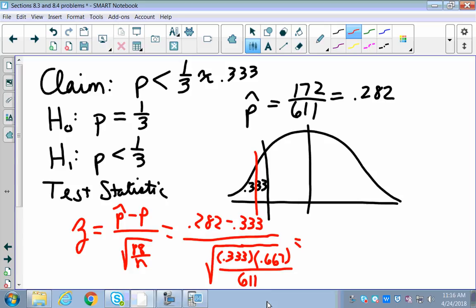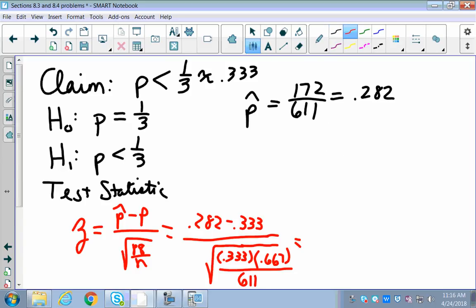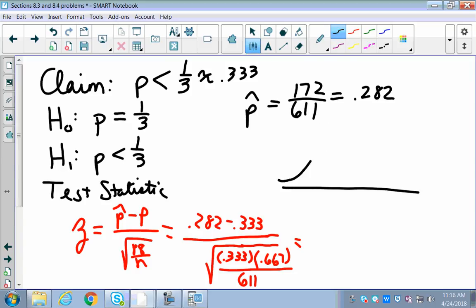Somebody tell me what they calculated Z to be.